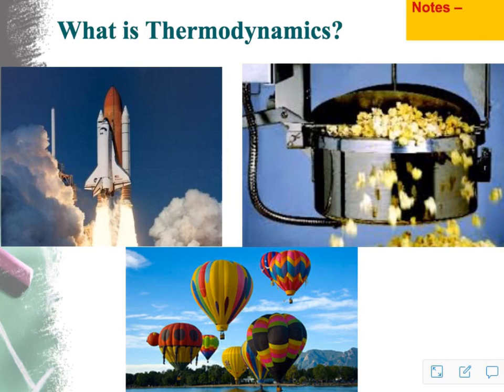You have, for example, over here on the left, the space shuttle, and what's happening is that a chemical reaction is occurring, and that chemical reaction adds heat to a gas, and then the internal energy of that gas causes the gas to be propelled downward.